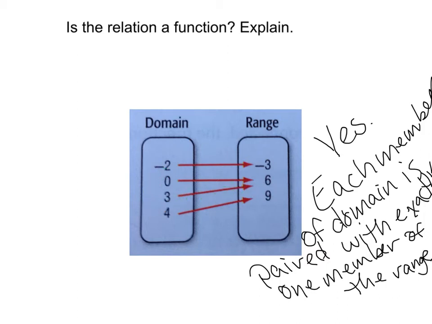What would change this would be if -2 were also shooting at 9, then that would make the relation not a function. But that's not what we have, and the relation given to us is a function.